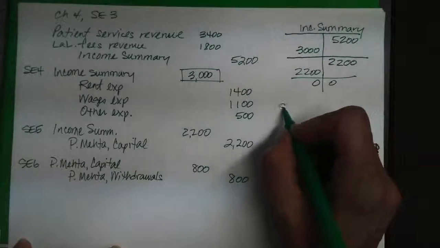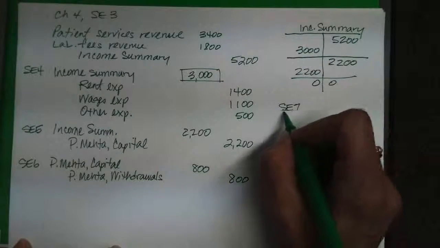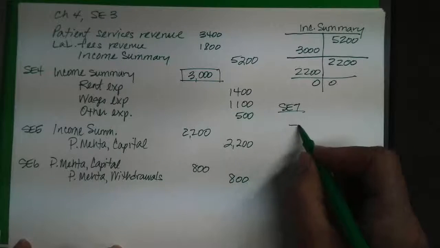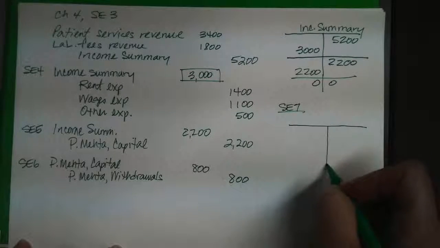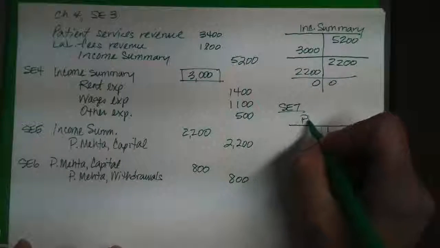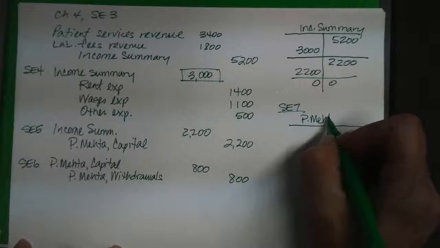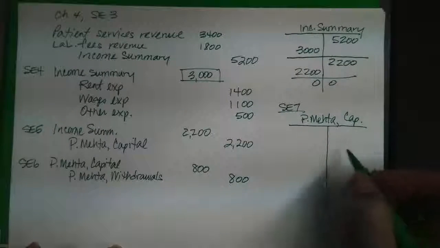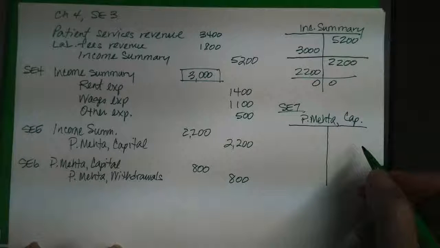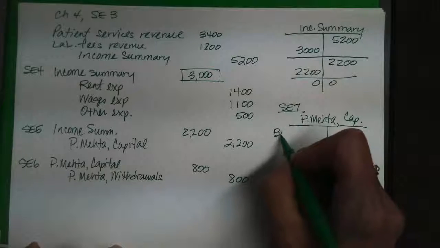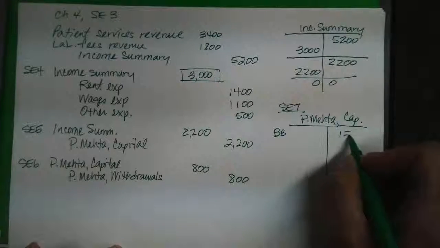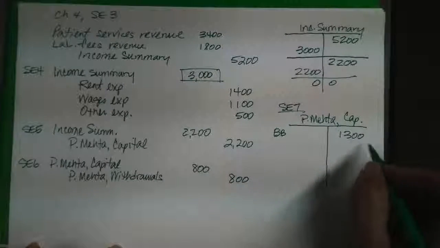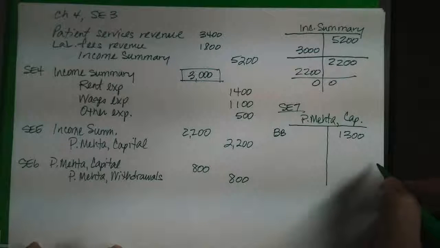I'm going to do it over here because it requires me to do a T account to collect up everything that's happened in the P-Meta capital account. It says to assume that the beginning balance was $1,300. Beginning balance, $1,300, credit balance in the capital account.